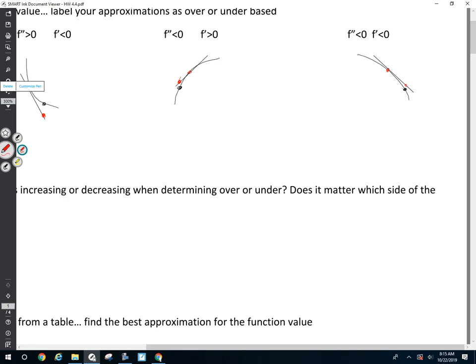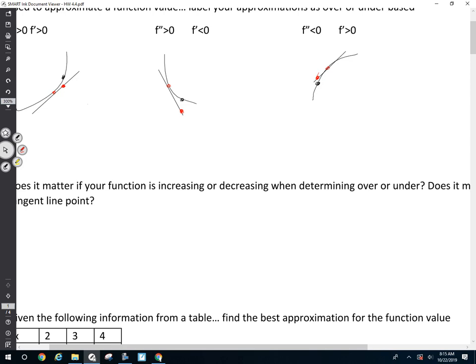When the red dot is over the black dot, our approximation is over the actual. If it's underneath it, it's an under approximation. So this would be an under approximation, this an under approximation, this an over approximation, and this an over approximation.